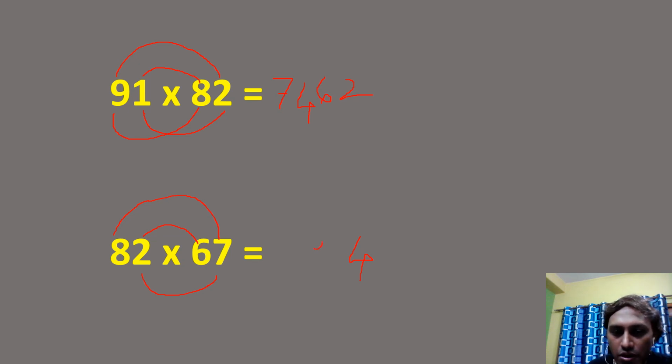So that must be 9 and 6 carry. Then 8 into 6, 48 plus 6, it must be 54, right guys? So the answer must be 5494. Correct guys? So cool, right?